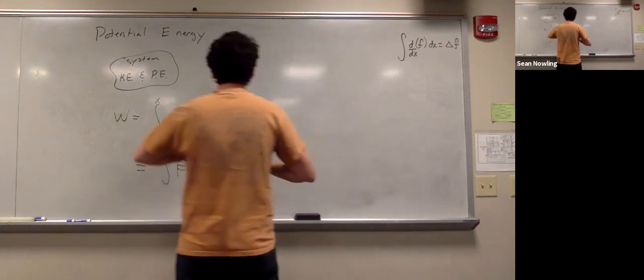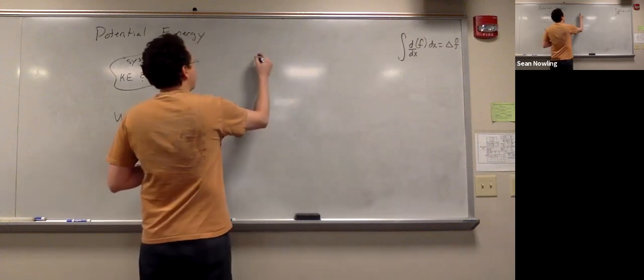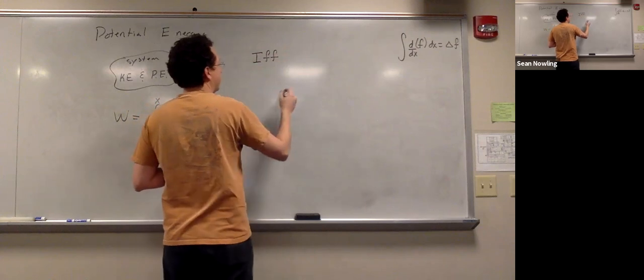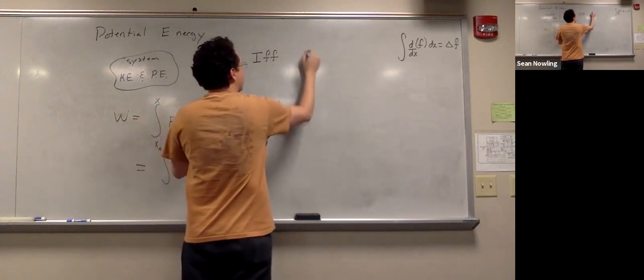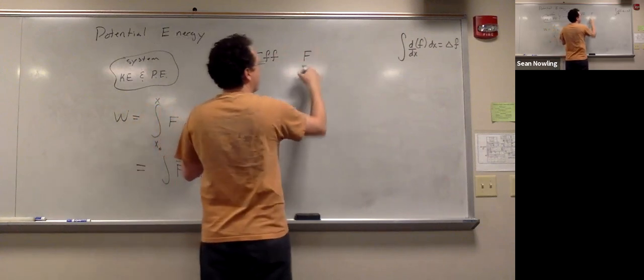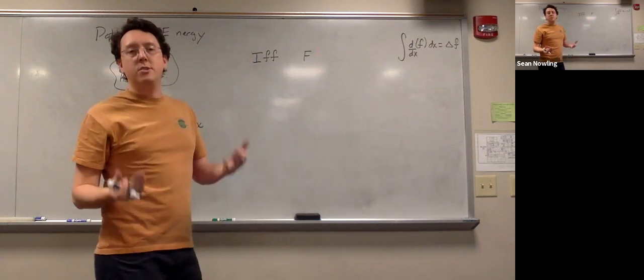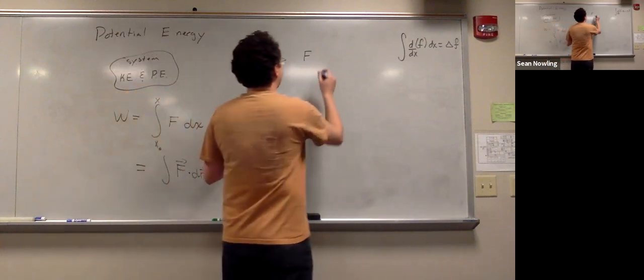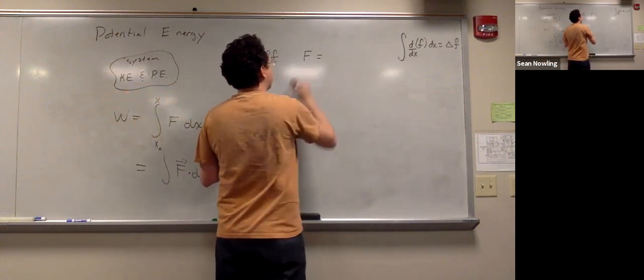So there's a special situation if, and only if, the force, and I'm working in one dimension, there's a generalization of this to 3D, but that involves vector calculus, so I don't want to get into that. But the concept is the same.